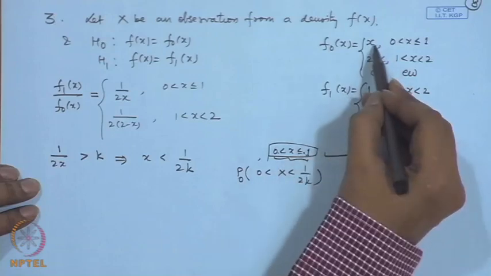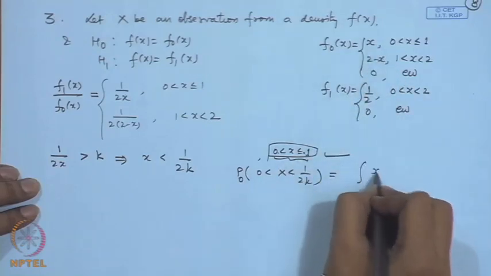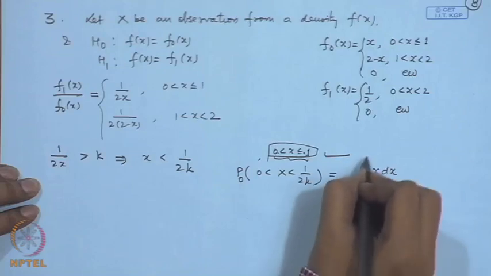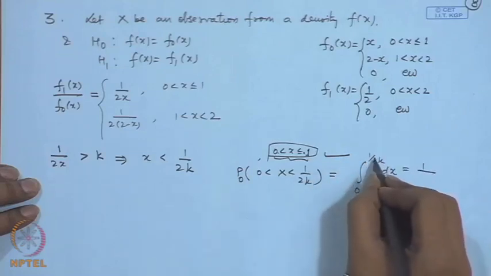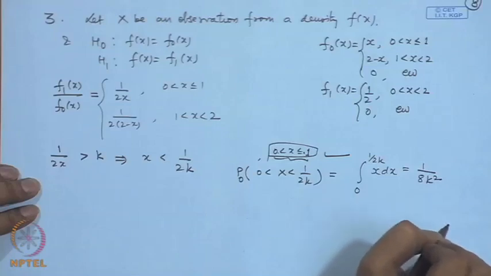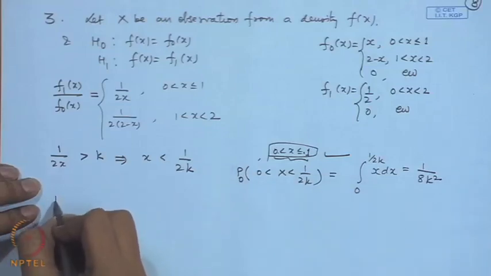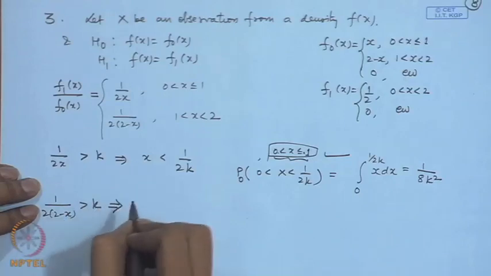For 0 to 1 the density is x. So, if you integrate this, it becomes x²/2. So, you will get (1/(4k²))/2, that is 1/(8k²).